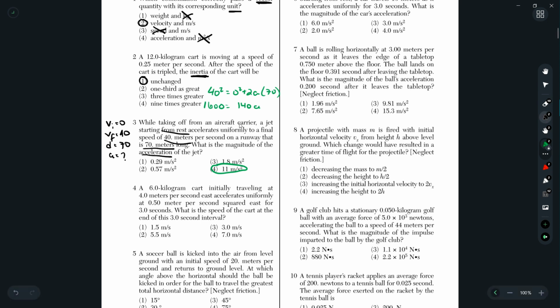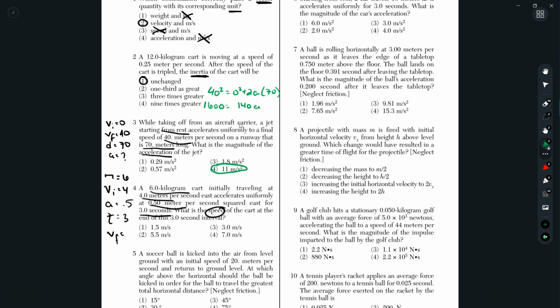Next question: a 6 kilogram cart at 4 meters per second accelerates at 0.5 for 3 seconds. I want to know the speed. So Vi is 4, the acceleration is 0.5, and the time is 3. I do have a mass of 6, but I'm looking for final velocity.